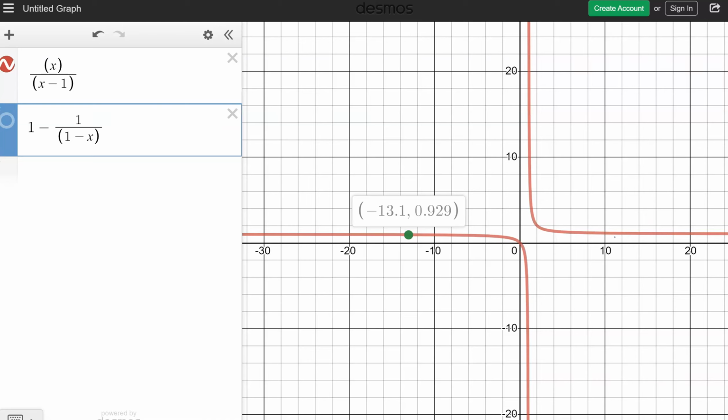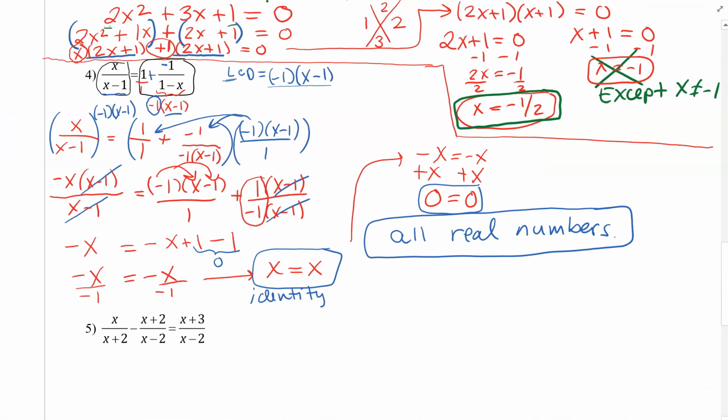So this graph right here is the graph of x divided by x minus 1. If I put the green back on, it goes right on top of it. They literally have every single point in common except, actually, I just realized something. Hold on. It's not all real numbers. It's all real numbers except 1.